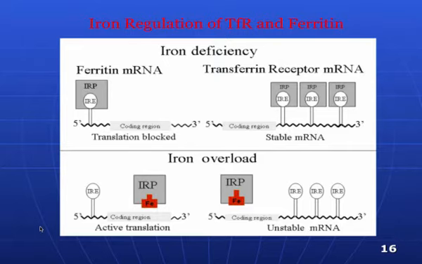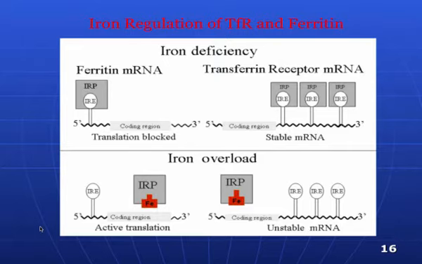Let's look at the other two, because that's so easy. Let's go one more level. Level 3. This is high iron. So we would expect this protein to be aconitase. It's not binding mRNA. So in high levels of iron, we have active translation of the ferritin mRNA.